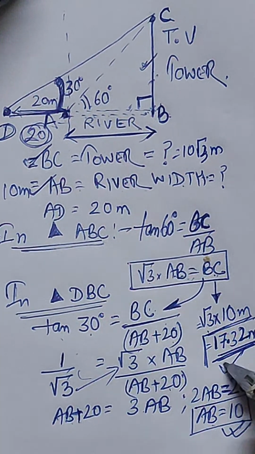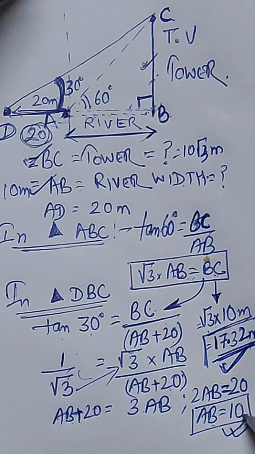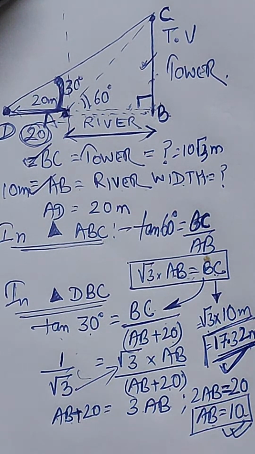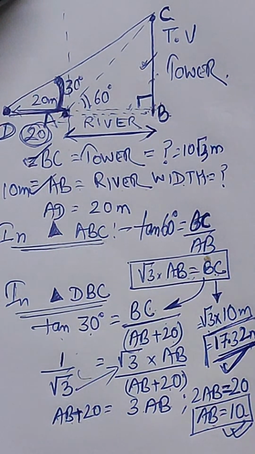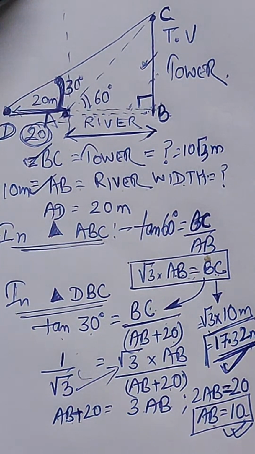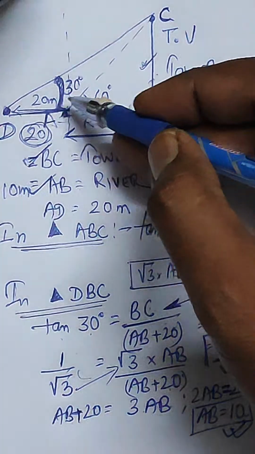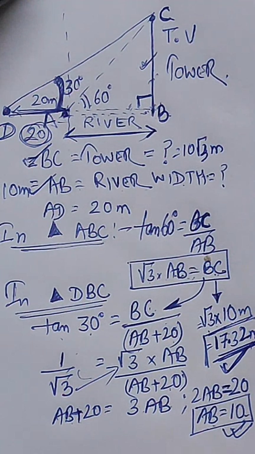This one is correct. And AB equal to 10, which is the river width, is also okay. So in this way we have seen such questions can be solved from height and distance, my dear friends. The height of the TV tower is calculated and the river width is also calculated, right?